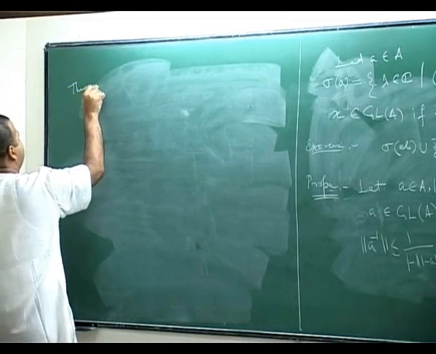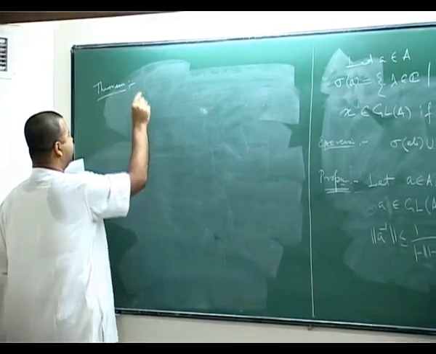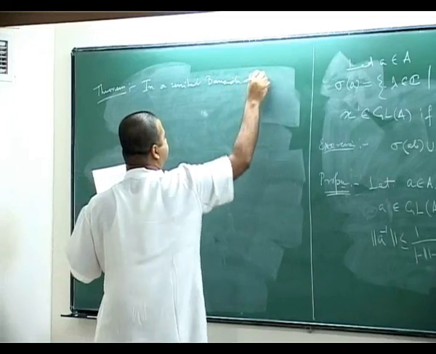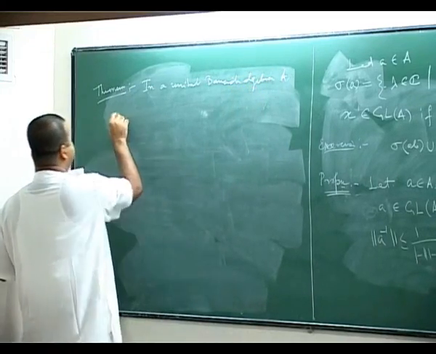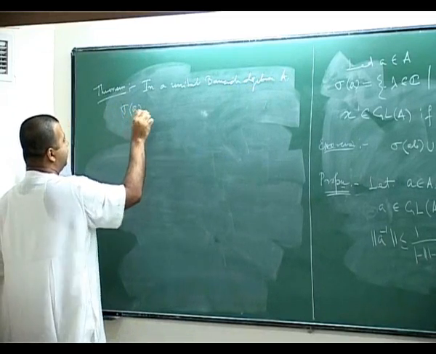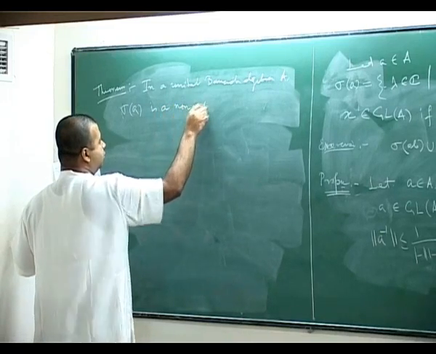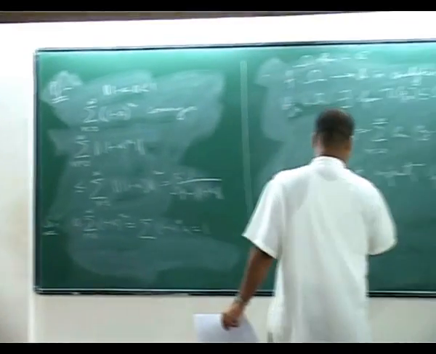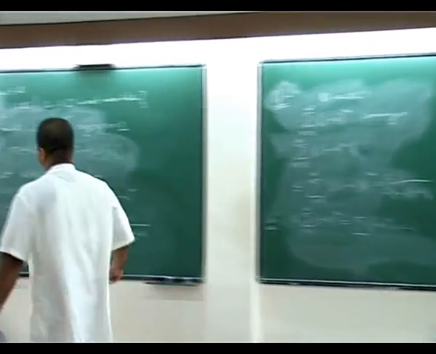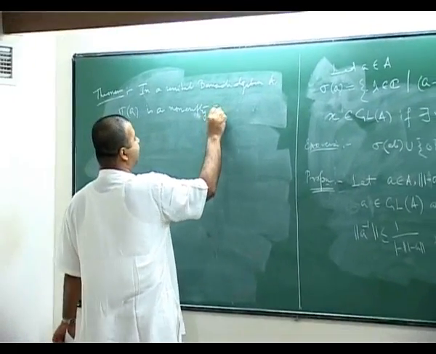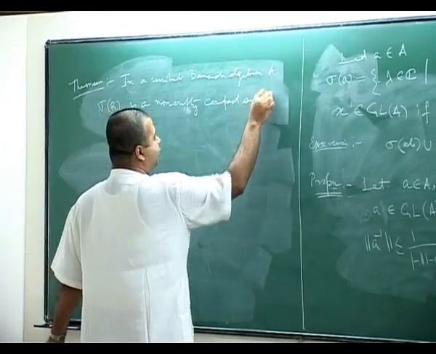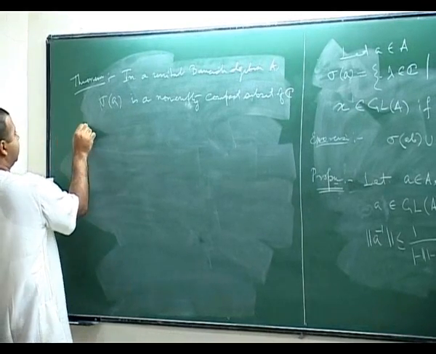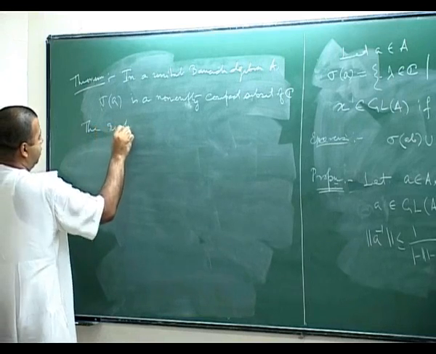So this is a theorem: in a unital Banach algebra A, sigma A is a non-empty compact subset of C.